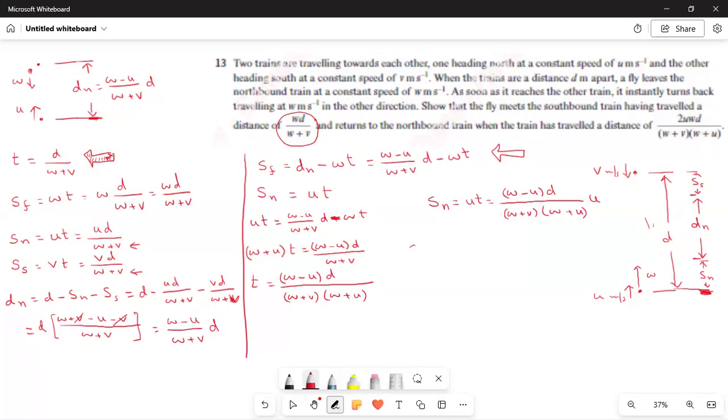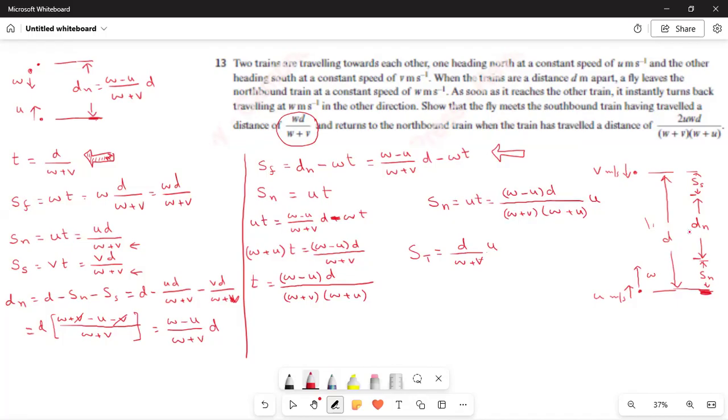So the total distance traveled by the northbound train: initially the time was D over (W plus V), multiplied by U. Hope I'm not confusing you. This is the time when the train moved from this point to this point.